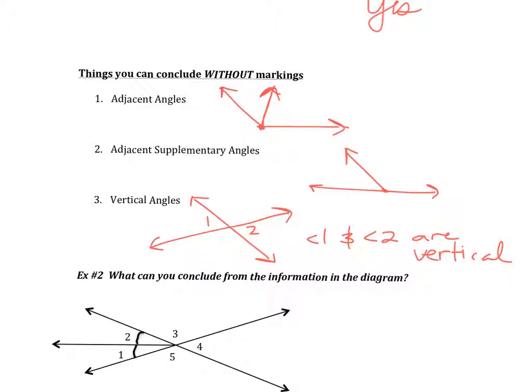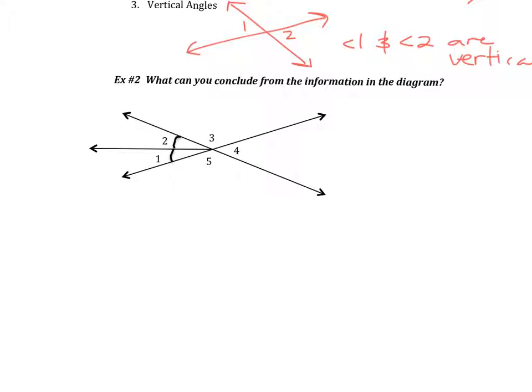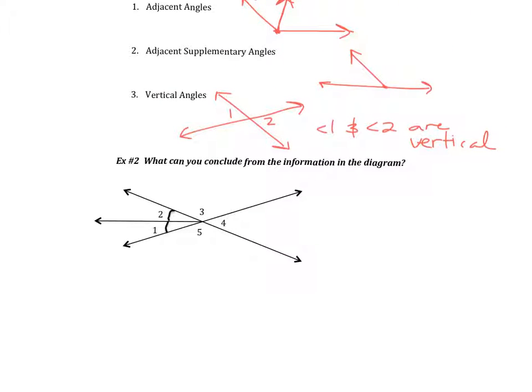So we're going to look at this last example here. Based on those three things and what you see in this picture, I want to know everything that you know to be true about this picture. What's one thing that you know is true in this picture? Yeah, Chloe.